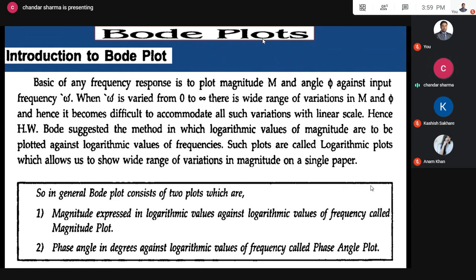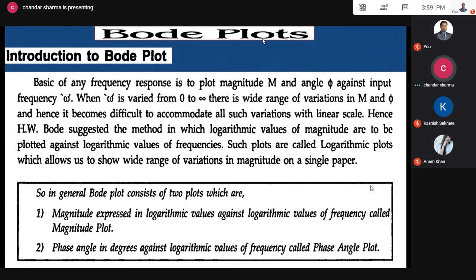and hence it becomes difficult to accommodate all such variations with linear scale. Hence, the scientist on whose name this method is based, that's H.W. Bode, suggested the method in which logarithm values of magnitude are to be plotted against logarithmic values of frequencies.